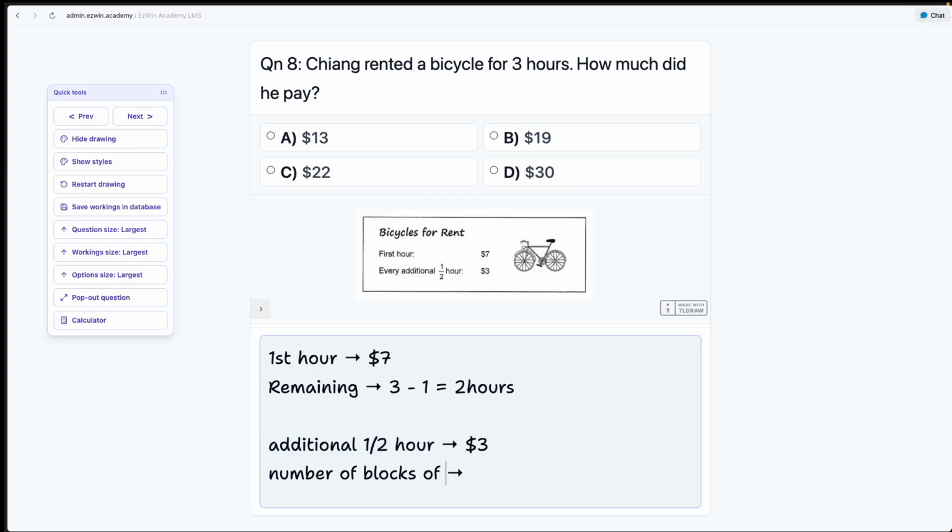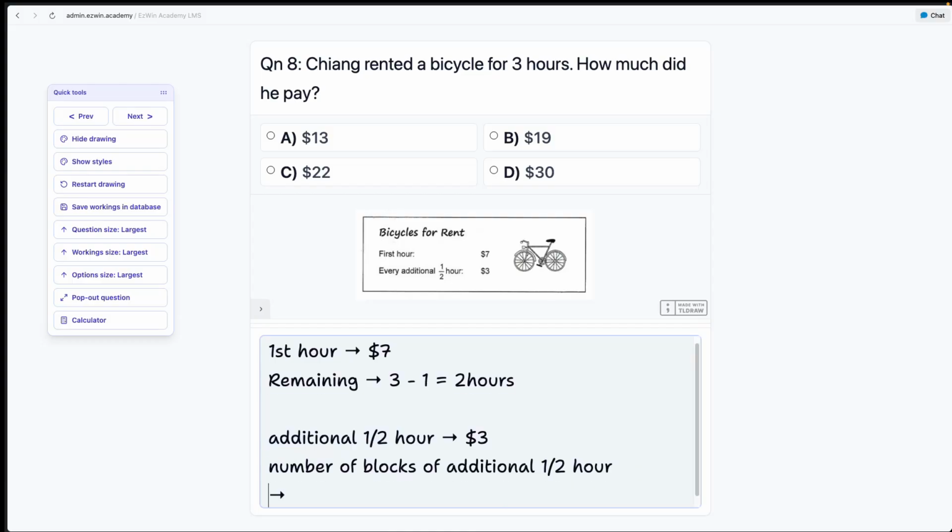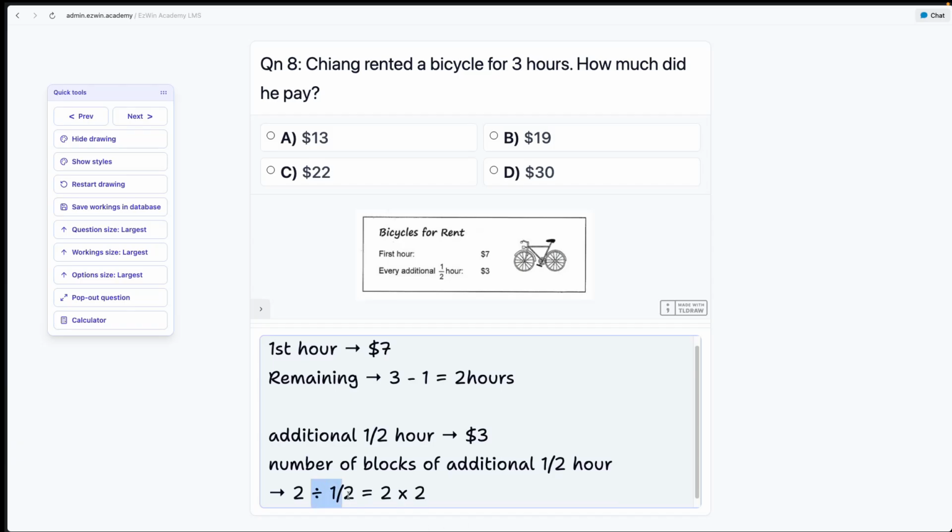Number of blocks for additional half hour will then be equal to 2 divided by half, which is equal to 2 times 2. Okay. So if you know dividing by fractions, you change the divide to multiply and you flip the fraction. So this will be then equal to 4. So you have 4 blocks of additional half an hour.